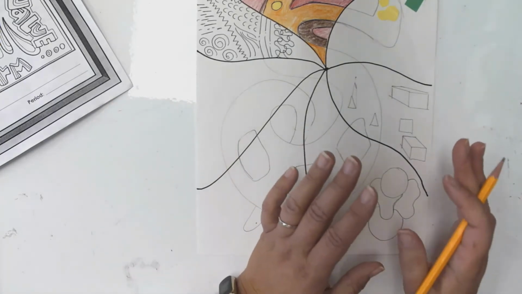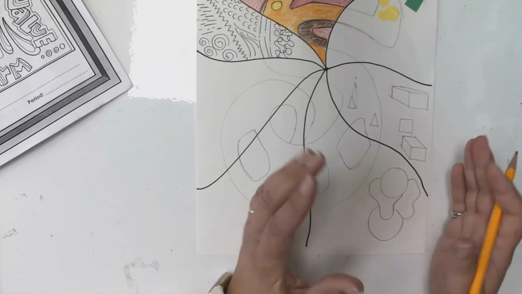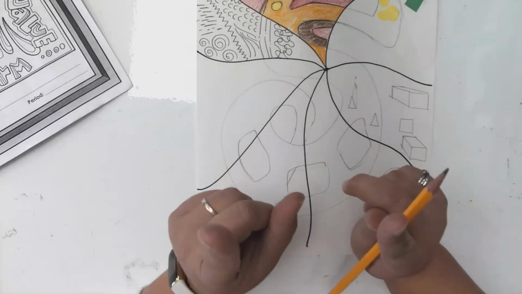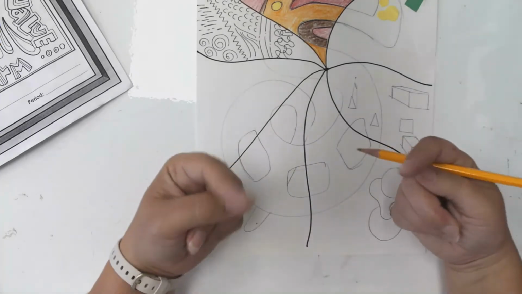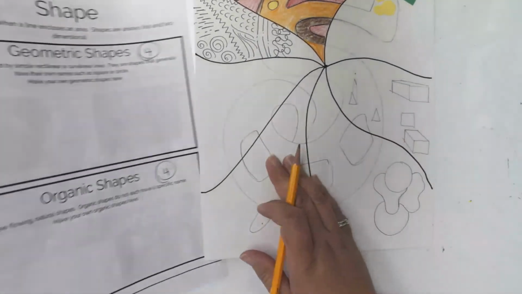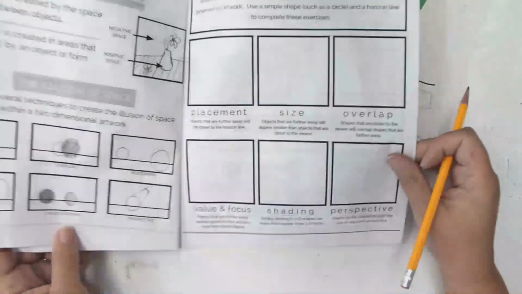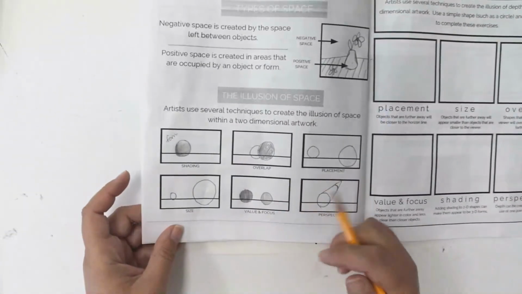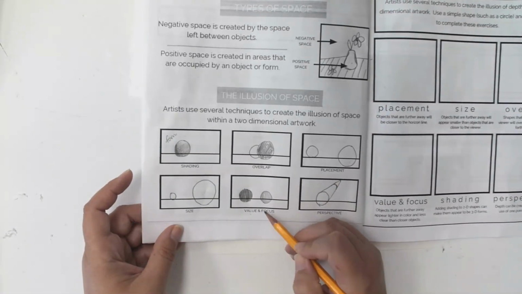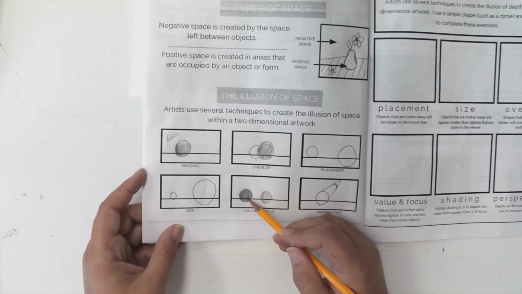But that's me. Remember, you don't have to do exactly what I'm doing, all right? Because honestly, you're you. I'm pointing to you. You're you. I'm me, okay? If you want to do one of the others you really love, let's say value and focus, where you're like, you know what, I'm going to make some stars, and some of them are going to be dark and some are going to be light.